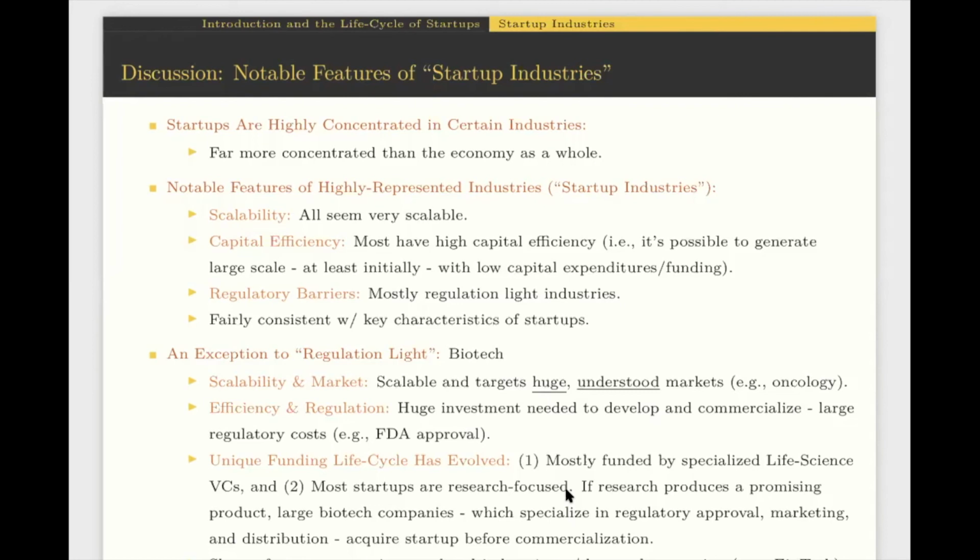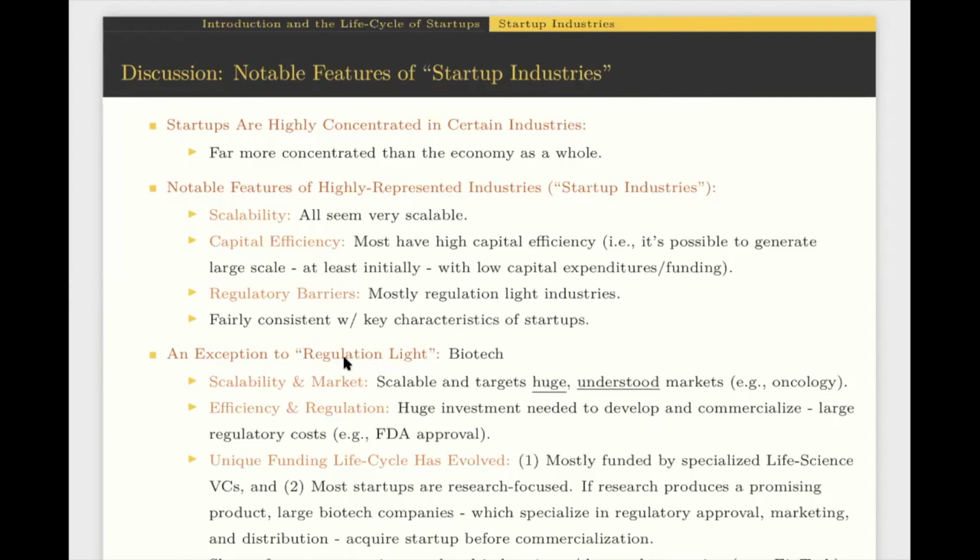Once the evidence of the promise and effectiveness of the drug is sufficiently established, generally those startups get acquired by larger established companies that have a comparative advantage in navigating the rest of the go-to-market and regulatory process. That's not what you see with most other types of startups. Most other types of startups continue to stay independent as they're starting to go to market.